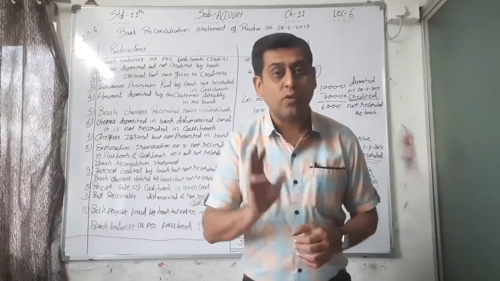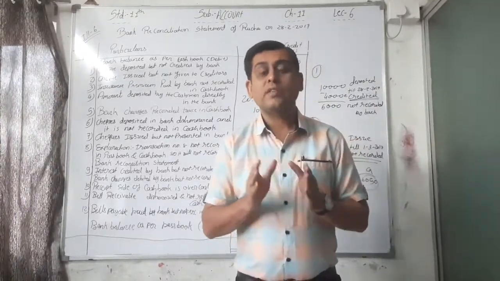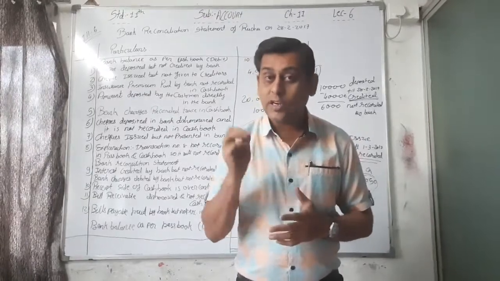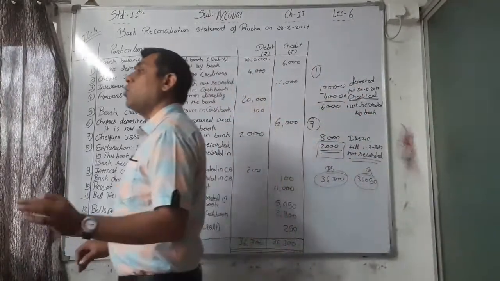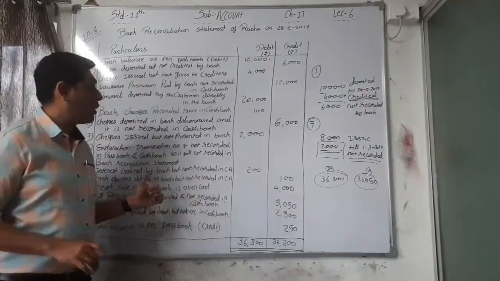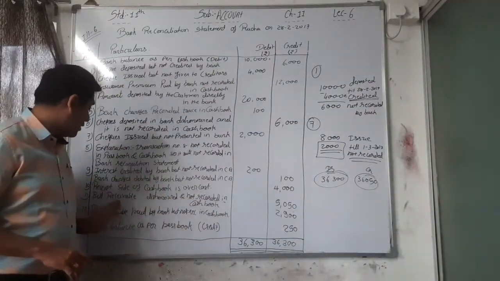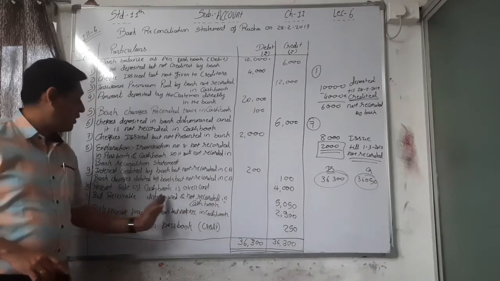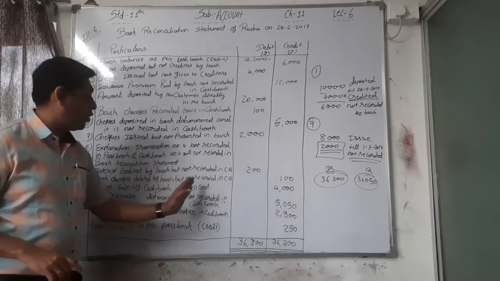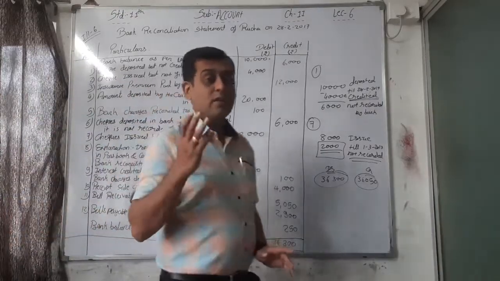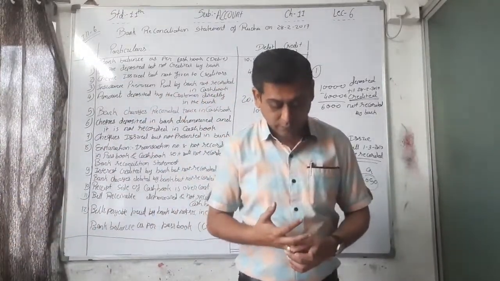So 3,040 in total is recorded on the credit side. Bills receivable dishonoured and not recorded in the cash book, that is 3,040.